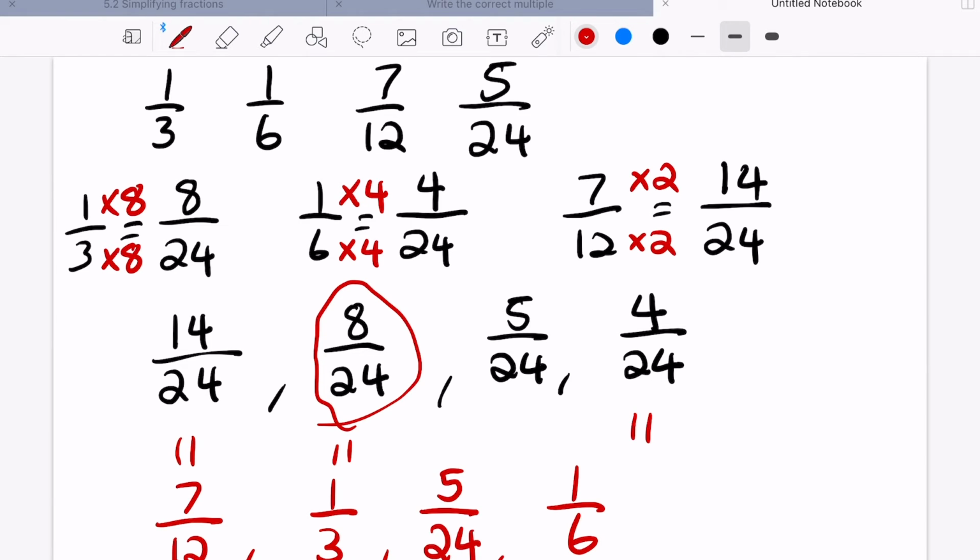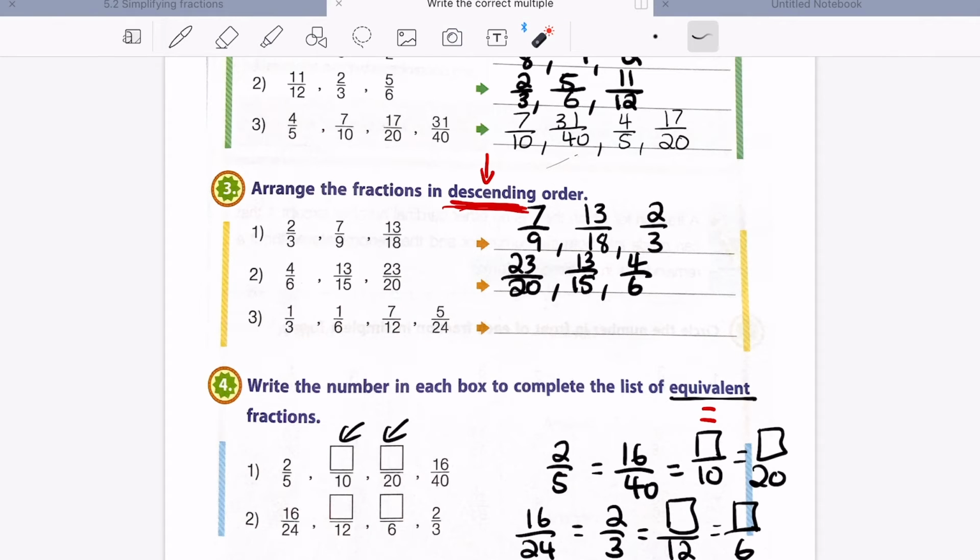So there's our answer. We're going to write 7 12ths, 1/3, 5 24ths, and 1/6. There we go. Awesome.